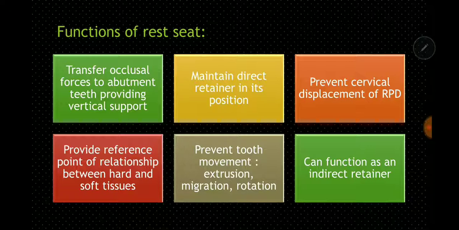It also provides a reference point of relationship between hard and soft tissue. A rest seat also prevents tooth movement, such as extrusion, migration, or rotation. It can function as an indirect retainer. Keep that in mind. A rest seat can function as an indirect retainer. Okay?